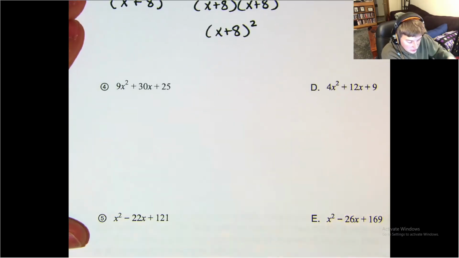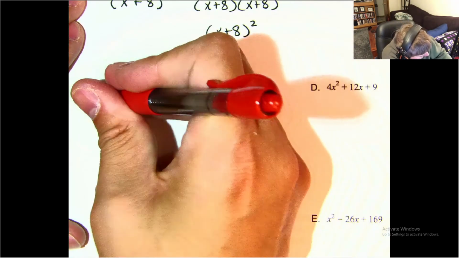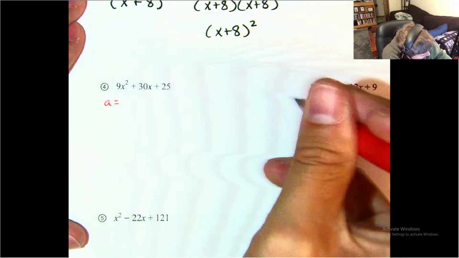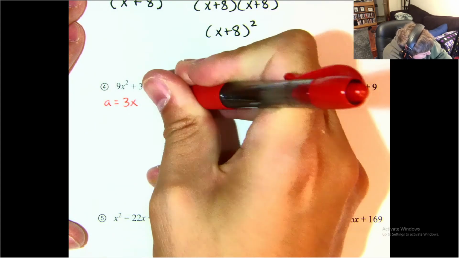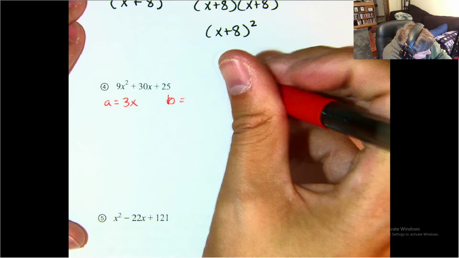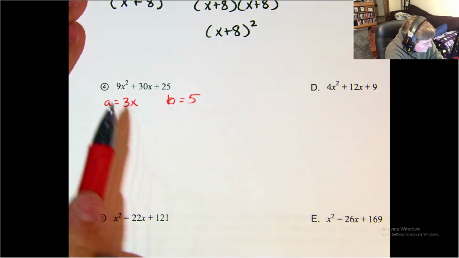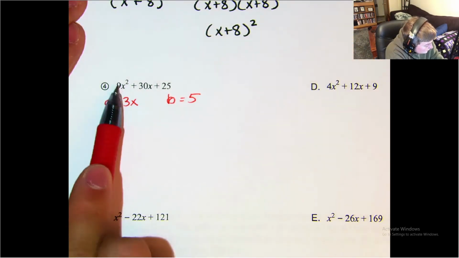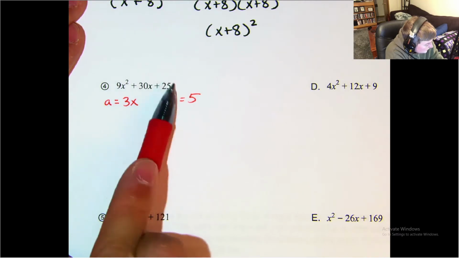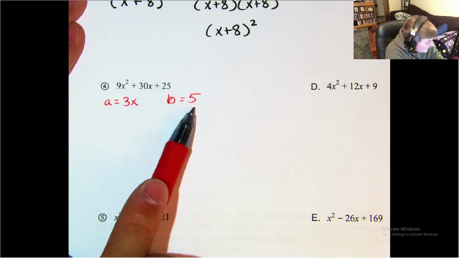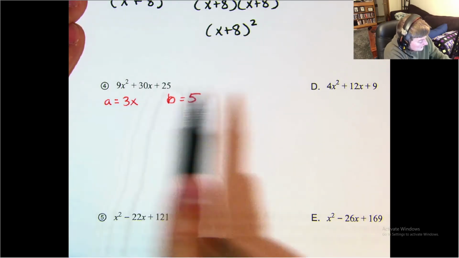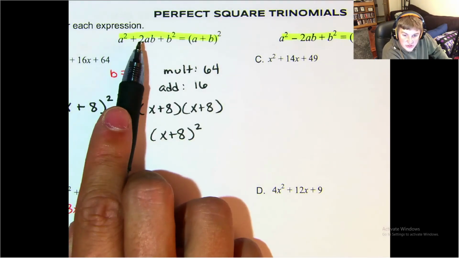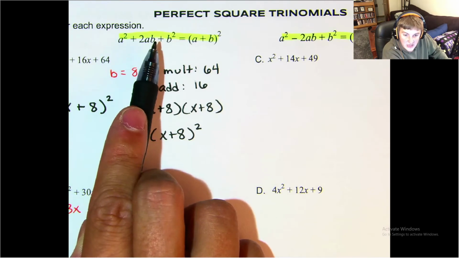Okay, let's go ahead and do the next one. So here I'm going to identify my a term, the root of that is 3x. And the root of my c term is 5. So the root of this is 3x and the root of 25 is 5. So I want to ask myself, is the middle term in this pattern 2 times the root of the first term times the root of the second term?